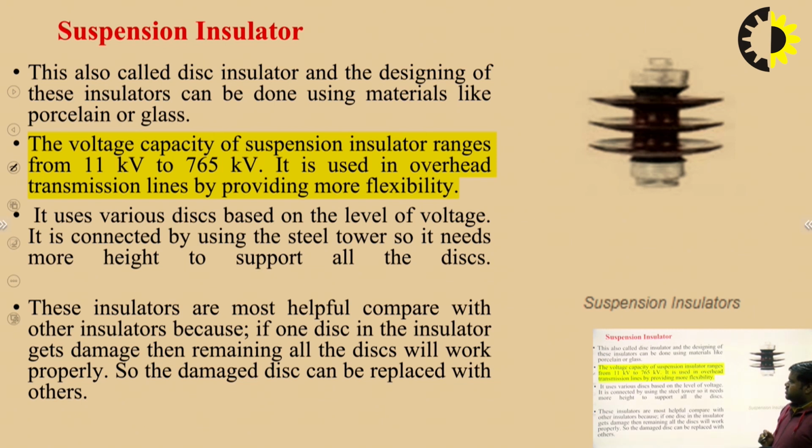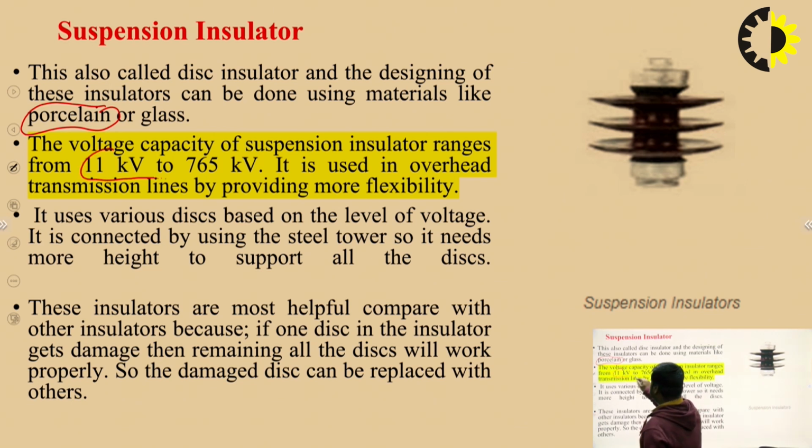Suspension insulator. This type of insulator is called a disc insulator, and the designing of these insulators can be done using a material like porcelain or glass, which I have discussed earlier. This is a special type of material which is used in the insulator, and the voltage capacity of a suspension insulator ranges from 11 kV to 765 kV.